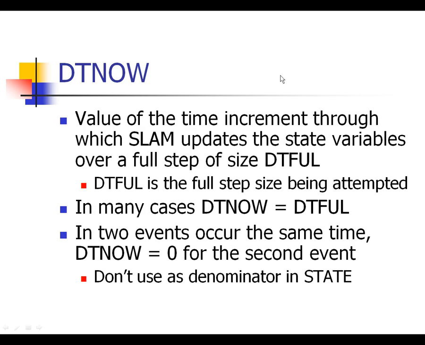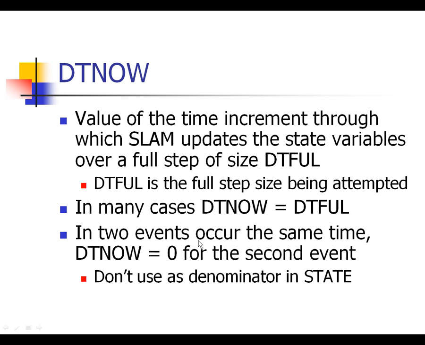Another variable that you should be aware of and be careful in its use is DTNOW. It's the value of the time increment which SLAM is using to update the state variables over a full step size. So DTFULL is the size of the step that's being attempted. In many cases, DTNOW equals DTFULL.